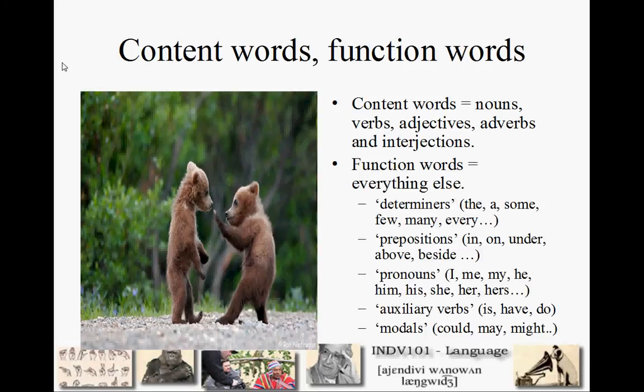And function words are everything else. So determiners, these are words that modify nouns: the cat, a cat, some cats, few cats, many cats, every cat. Prepositions, pronouns, and auxiliary verbs and modals, which both modify verbs. Is running, has run, does run, could run, may run, might run.